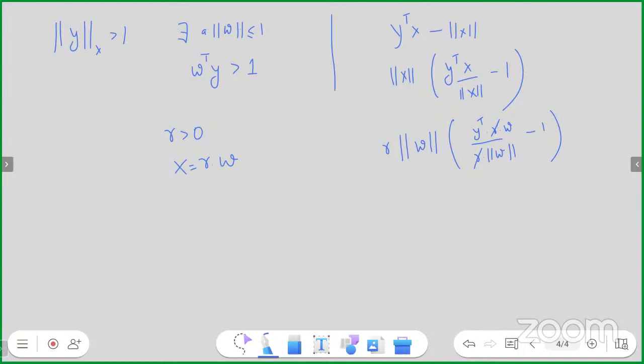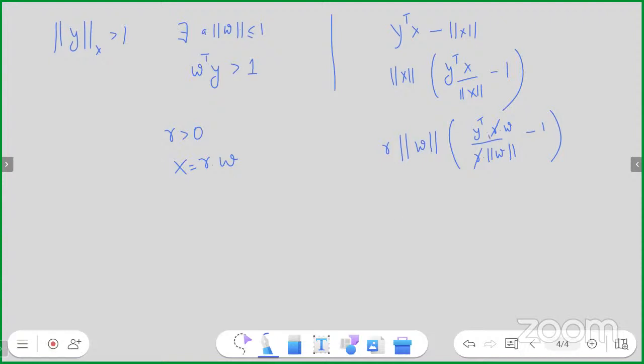The only point is that the norm of y star is greater than or equal to the previous one. The norm of W is less than or equal to 1, while Y transpose W is greater than 1. I don't necessarily have to cancel this off.